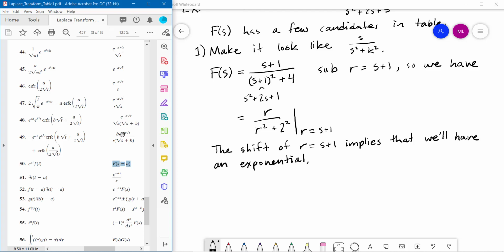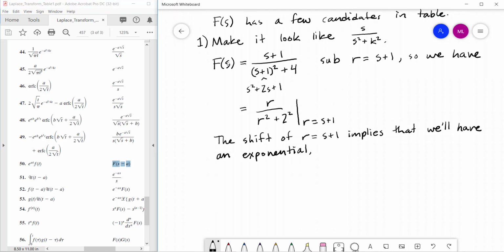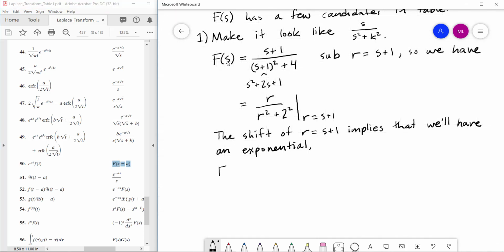So basically, instead of thinking of this as f of s, I want to think of it as f of s plus 1, or better yet, f of s minus -1. And f of s minus a, where a is -1, will be equal, according to this table, to e to the at times f of t.